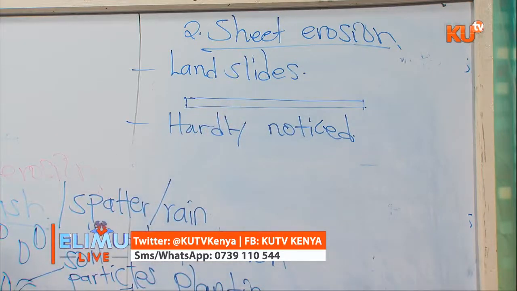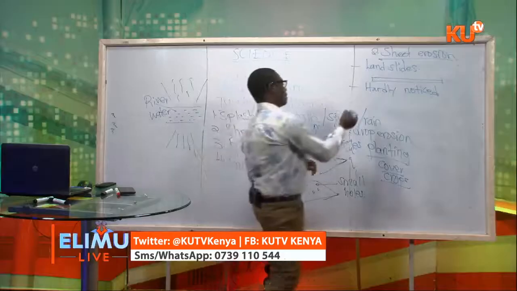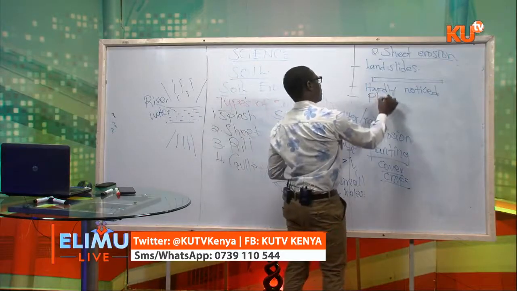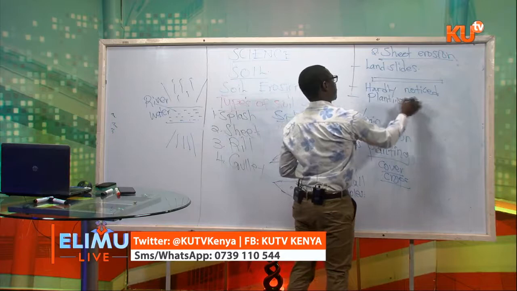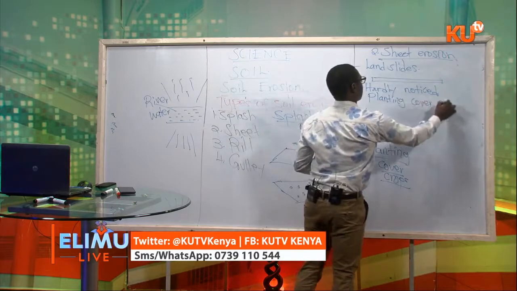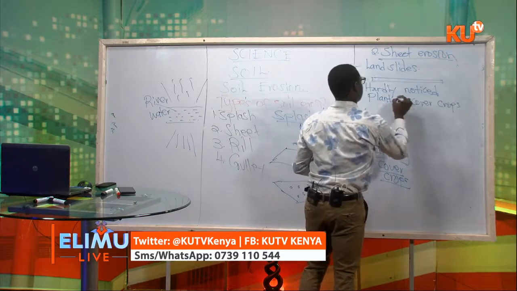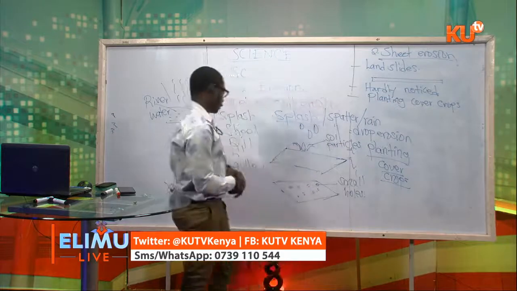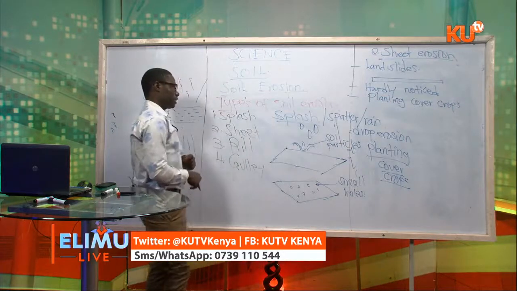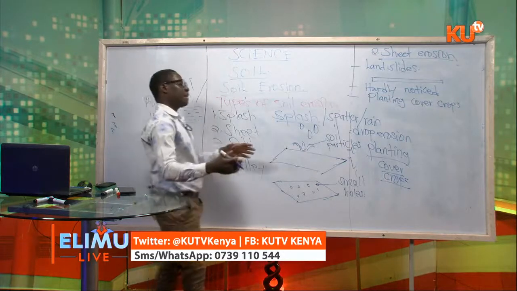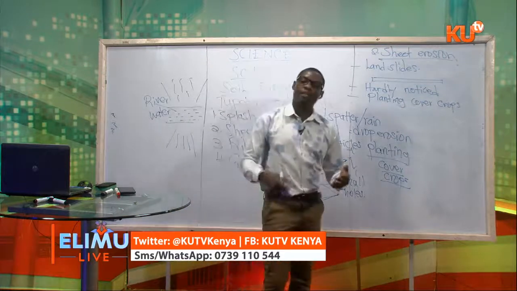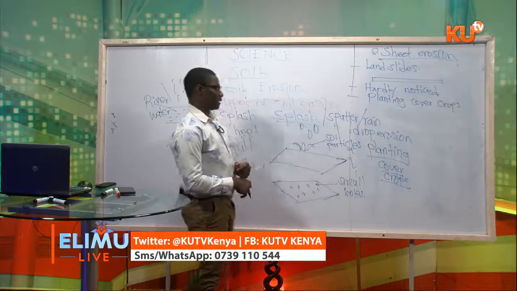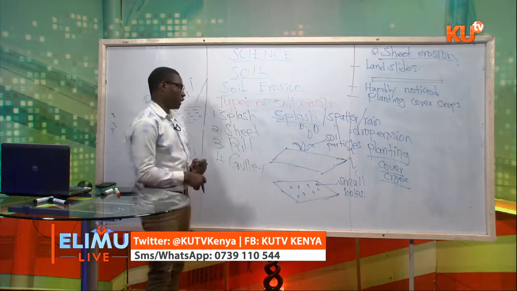Sheet erosion can mainly be controlled by also planting cover crops. So cover crops can be used to control two types of soil erosion, which are splash erosion and sheet erosion. These are the main ways to control, but we also have other ways that we can control soil erosion.